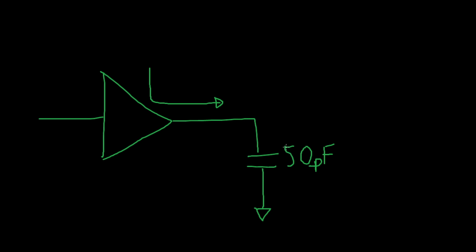Well, what we can do is take this capacitor and turn it into something completely absurd. Let's call it, say, a 1 farad capacitor. If you have this huge capacitor on the output, that means that pretty much regardless of what resistance you have internally, it's going to take a very long time to charge this capacitor.